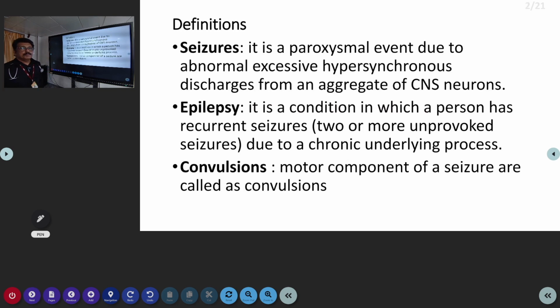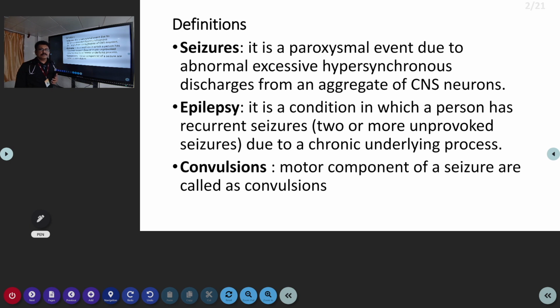We know that epilepsy is a condition where there is dysynchronized or hypersynchronized neuronal discharge from our neuronal system. That produces various types of increased activity; sometimes it can be muscle activity, sometimes sensory activity or autonomic activity.